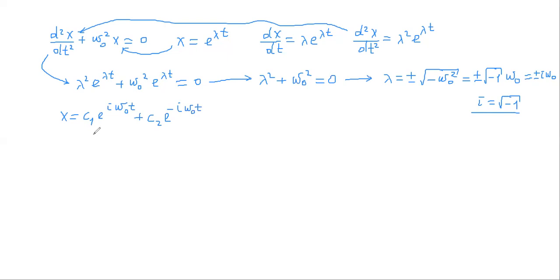What are C1 and C2? These are unknown integration constants. They may be found from initial conditions. In this case, initial conditions are the initial coordinate and initial velocity.